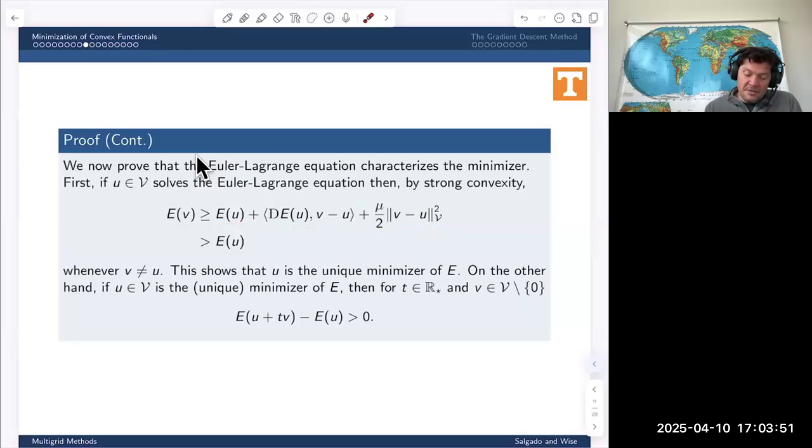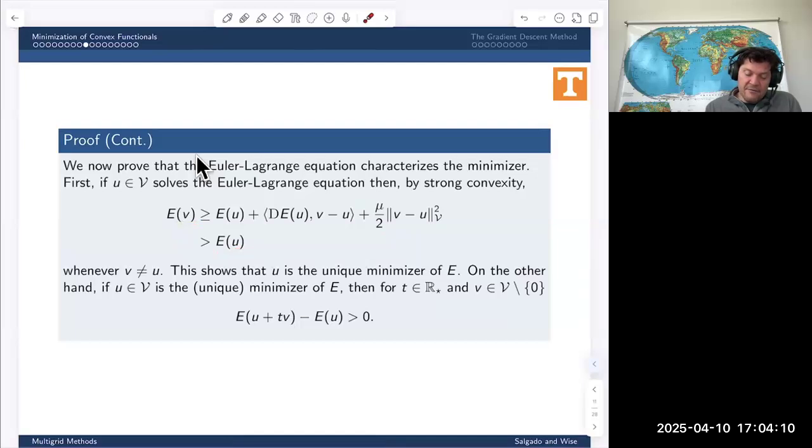But as long as V is not equal to U, then this is strictly positive. So we can replace this by a strict inequality, which says that E of V has to be strictly greater than E of U.